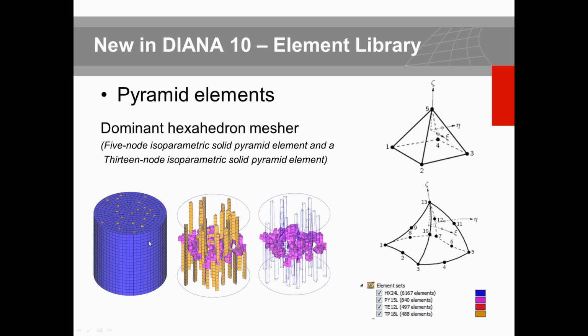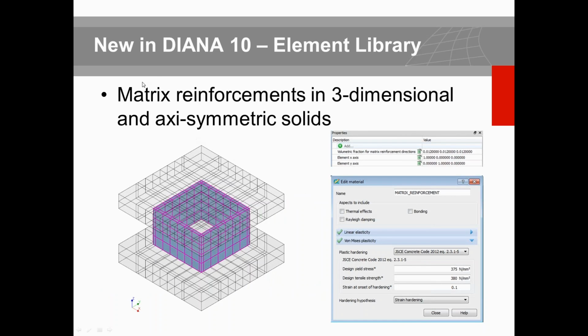So the main domain generates hexahedron elements, and if we hide them, you can see inside, based on the optimization of the model, a series of tetrahedron and pentahedron elements are defined and allocated inside the model, but that comes along with the dominant hexahedron mesher. The matrix reinforcement, as I mentioned, is basically smearing out the reinforcement in the volume of the concrete based on the direction in X, Y, Z in the reference volume. So you can define that ratio.